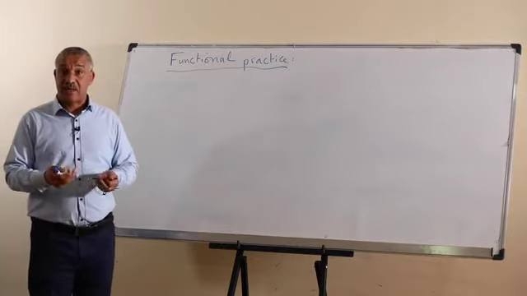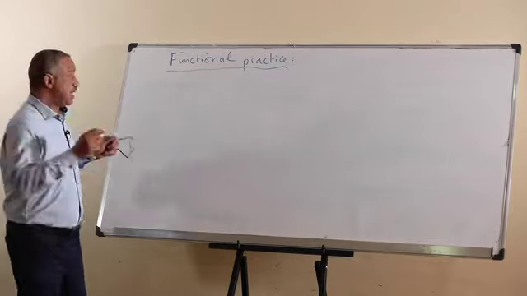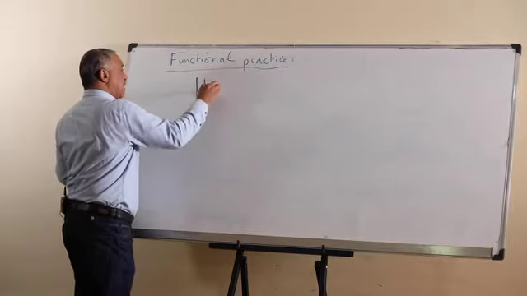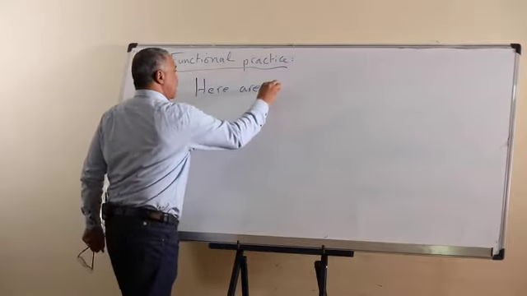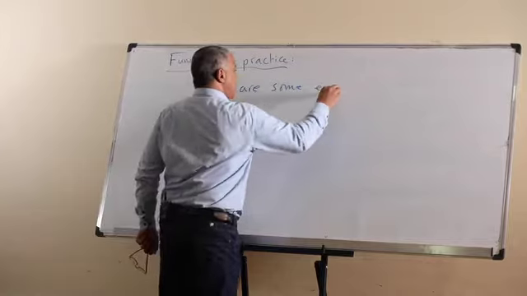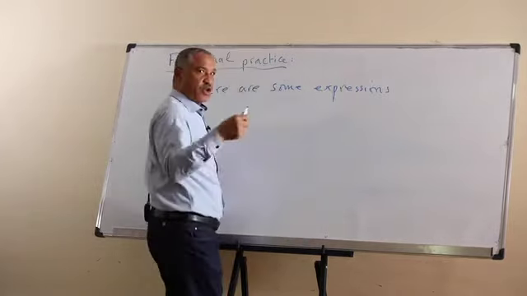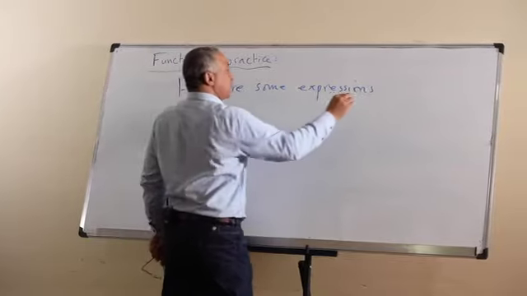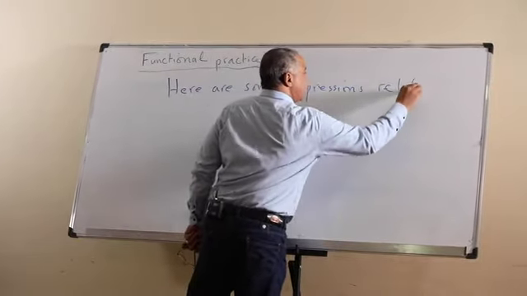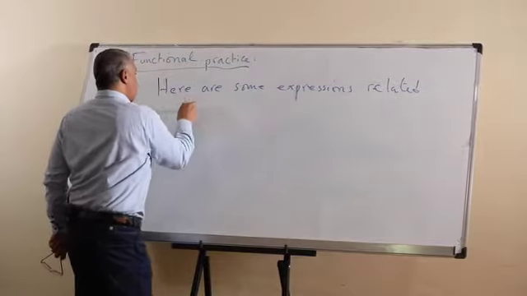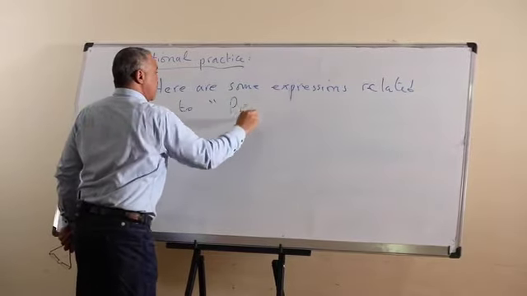Okay, now after that short and simple definition, we shall work on some expressions that are used in asking for a promise and making a promise. Here are some expressions, to help you if you'd like to copy them down.